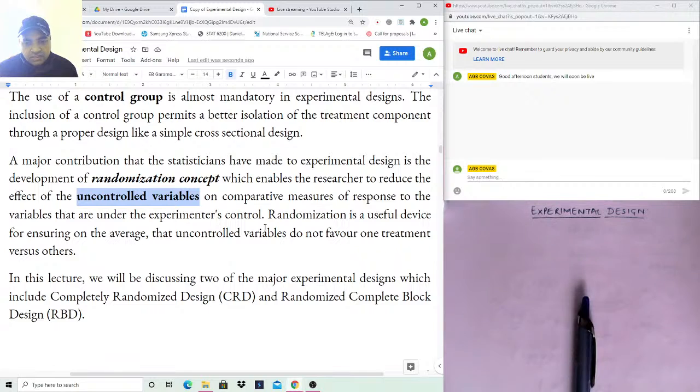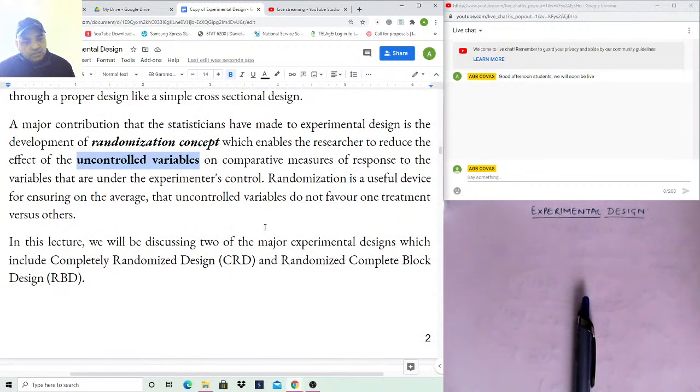So randomization is a useful device for ensuring on the average that uncontrolled variables do not favor one treatment versus the other. Okay. So by randomization, these uncontrollable variables will be divided equally among the treatments. So it is not like one variable can favor one particular treatment.